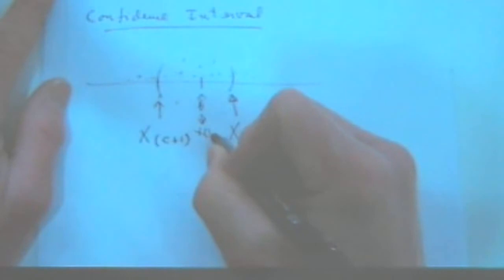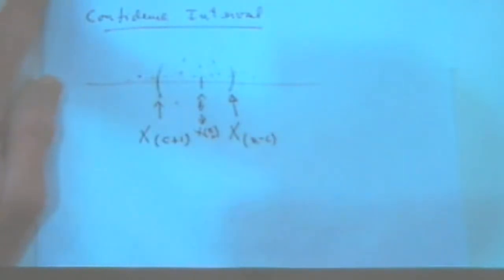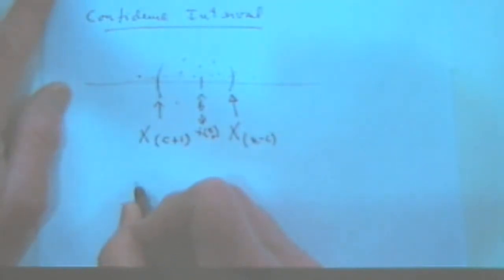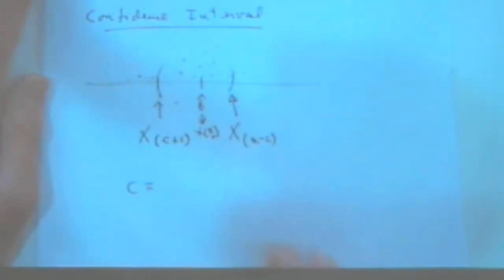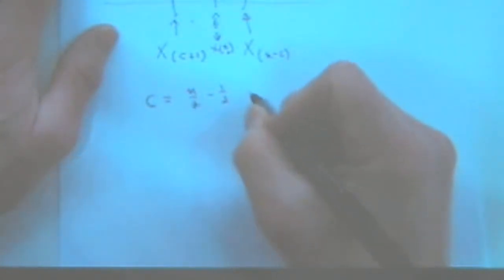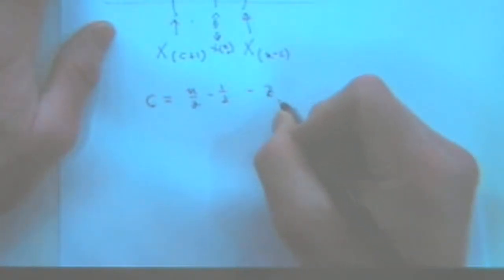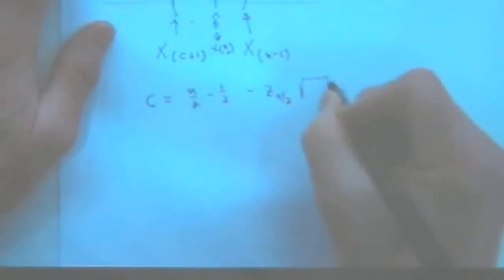So this is x of n over 2, and then c is this value: n over 2 minus a half, minus z alpha over 2 times square root of n over 2.